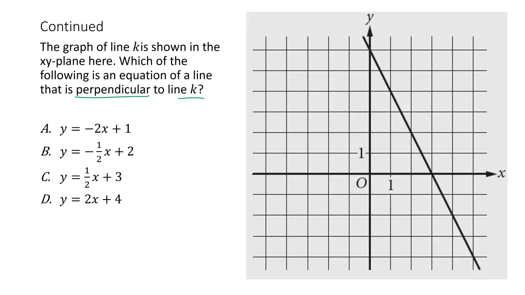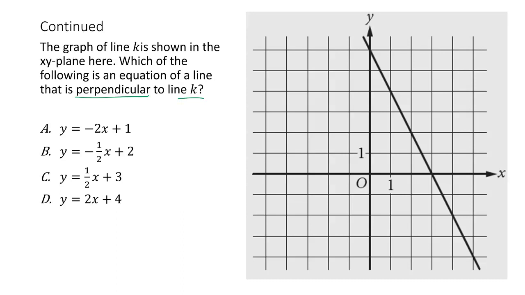What about the equation makes it so that they form a right angle? A part of our lines has to have a very specific relationship. It's not so much the y-intercept. Opposite, close. Opposite reciprocal.